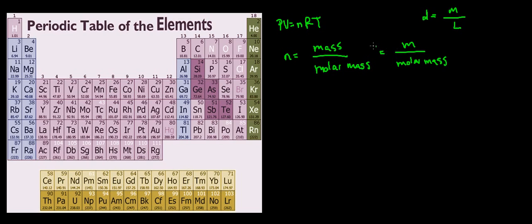So what I'm going to do is take n and substitute m over molar mass into this equation. So this would be m times R times T over molar mass.